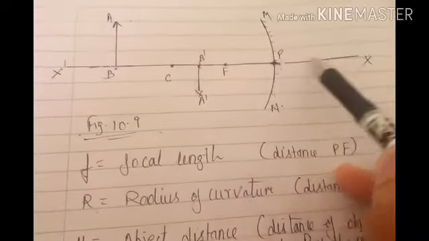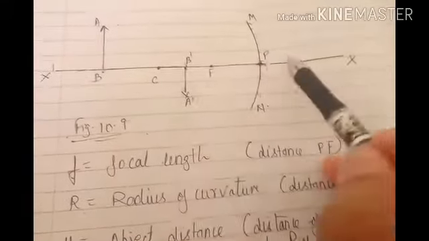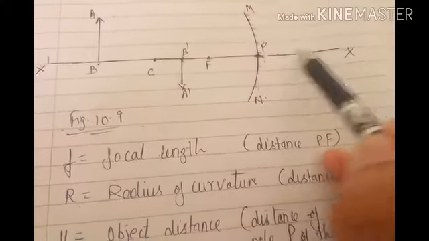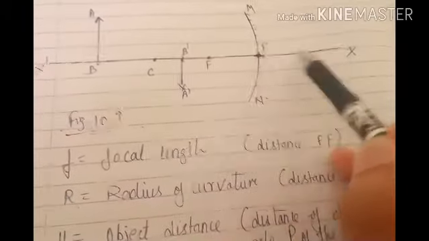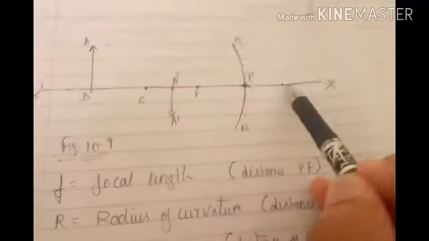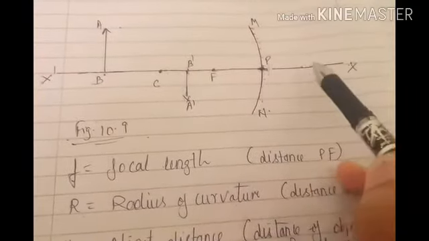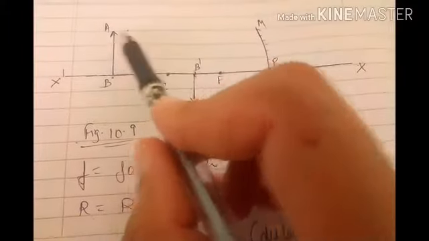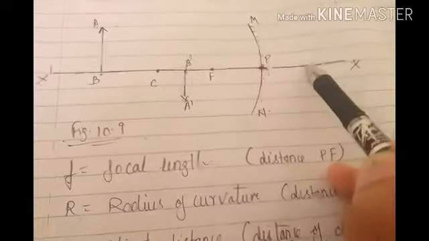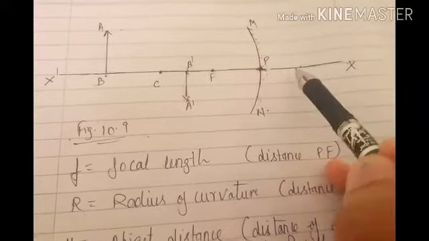Now imagine that the image is formed somewhere here. Just forget this image, imagine that the image is present here like this. The distance from here to here will be the image distance, and this distance is present on the right hand side of this origin or pole. All the distances on the right hand side, as you have learned in coordinate geometry, are positive. If you are told that an image is formed at a distance of 2 centimeter behind the mirror, behind the mirror means here, will it be minus 2 or plus 2?